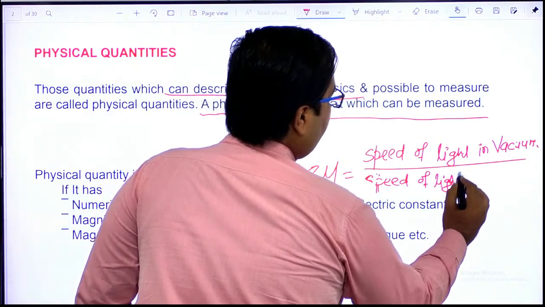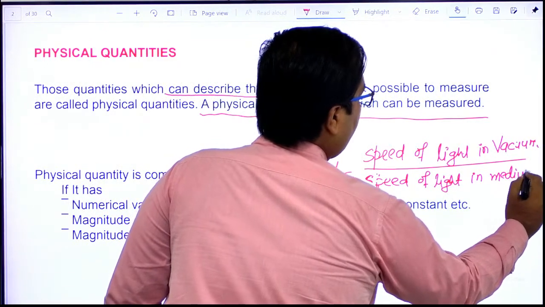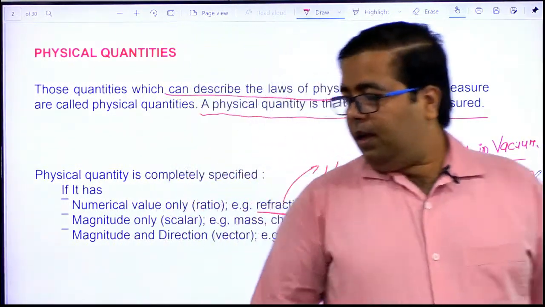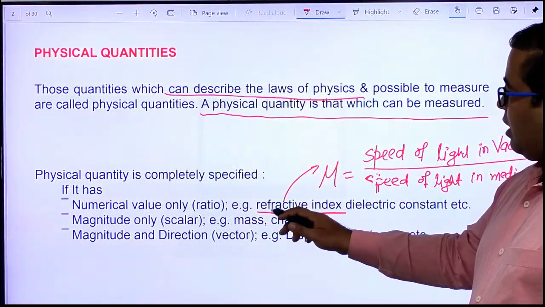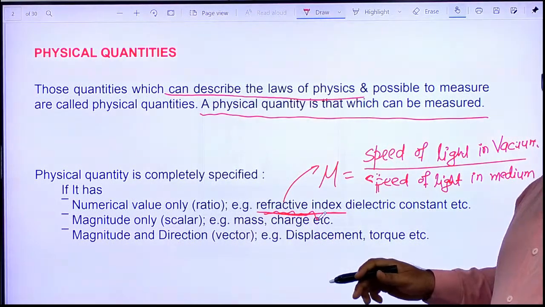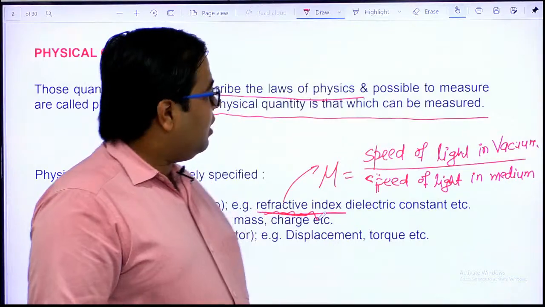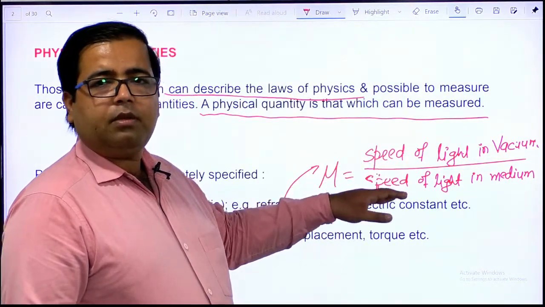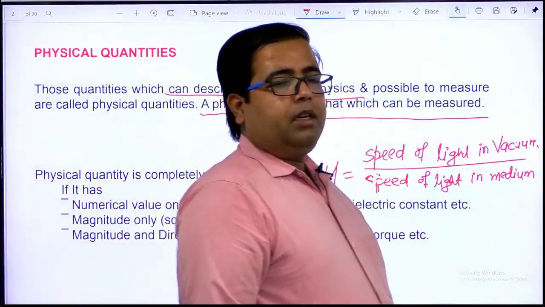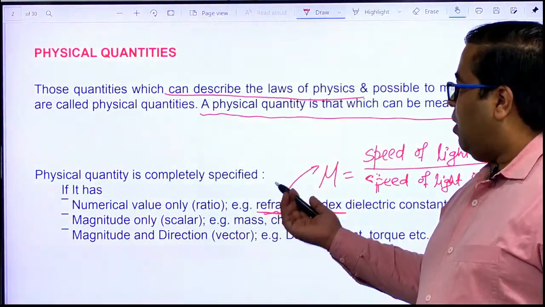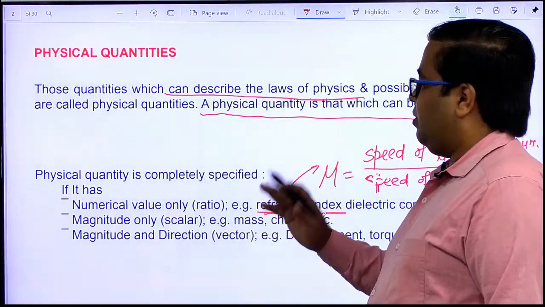So this refractive index is the ratio of two speeds, one in vacuum and another in medium. Speed by speed, it is just a ratio, so you have only a numerical value and no unit here.